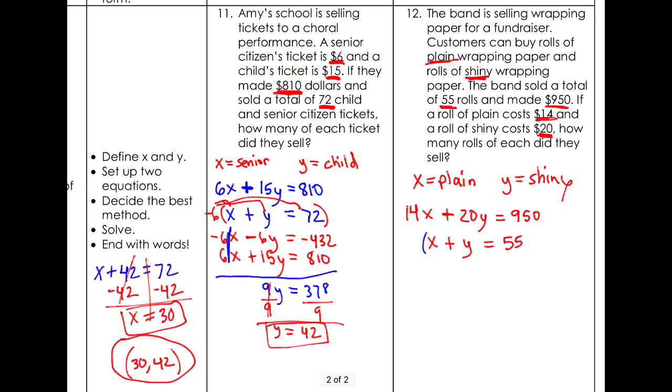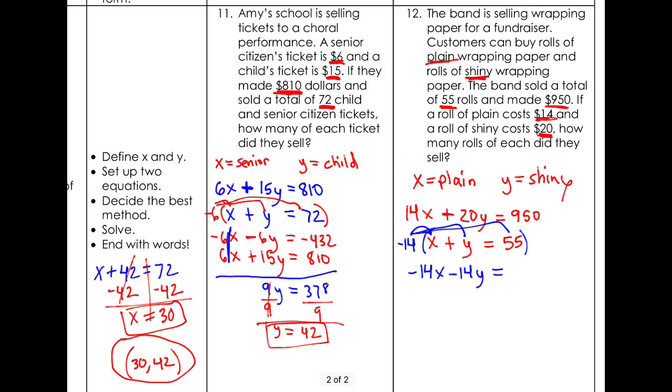So I want to multiply this whole thing by negative 14. When I do that, it's going to be the opposite of that positive 14 above it. So that is a negative 14x. Negative 14 times y is negative 14y. And then a negative 14 times 55.